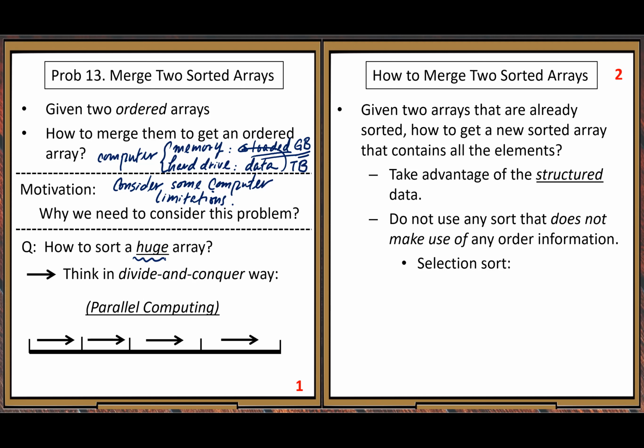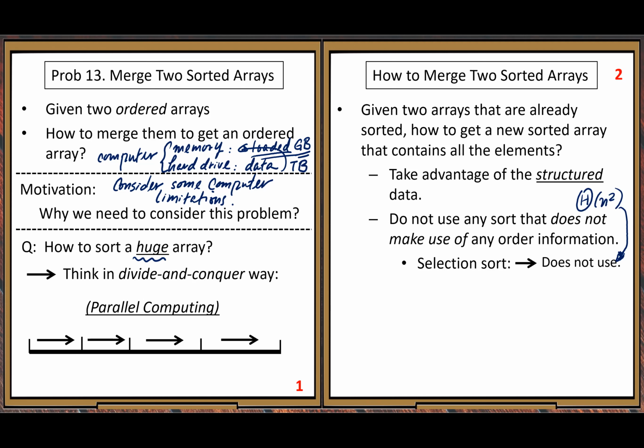We apply selection sort on this ordered array. Do you think we will get a better efficiency? The answer is no. Even if it is ordered, for selection sort you get big theta of n squared.